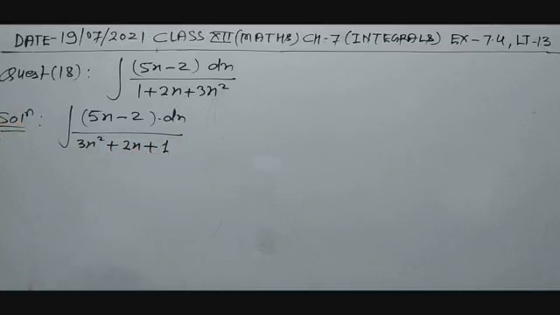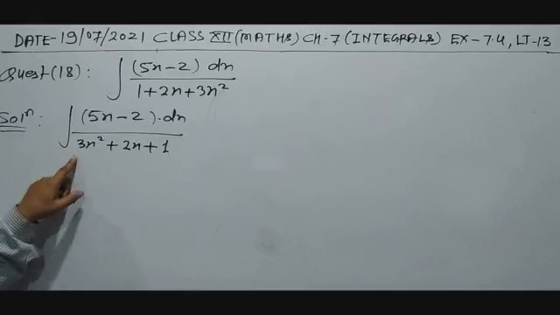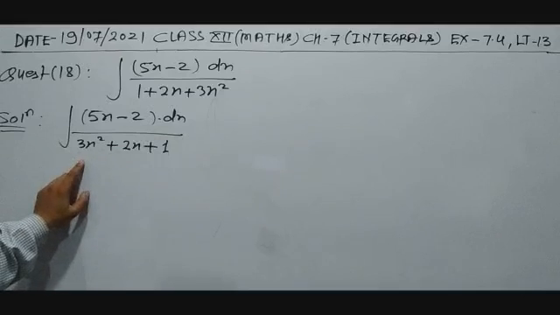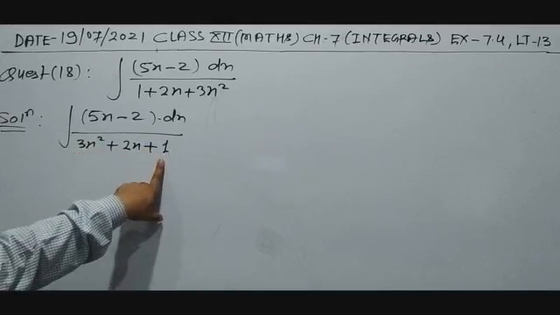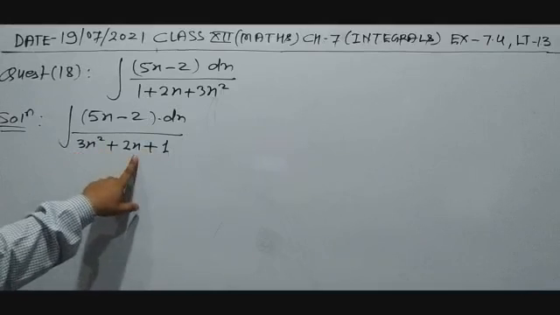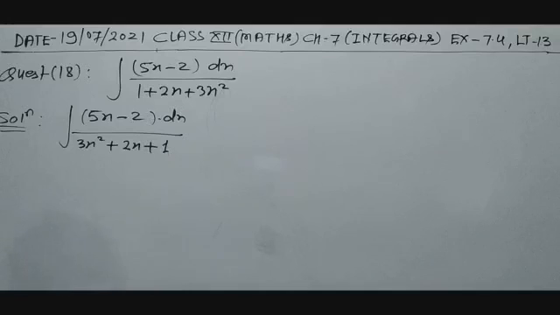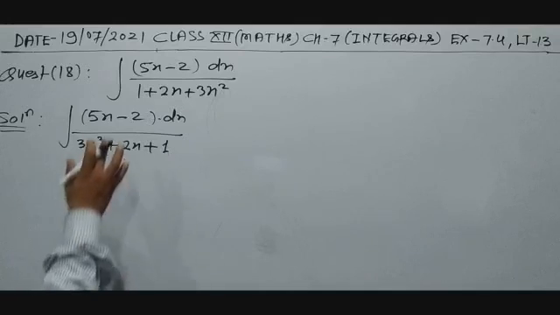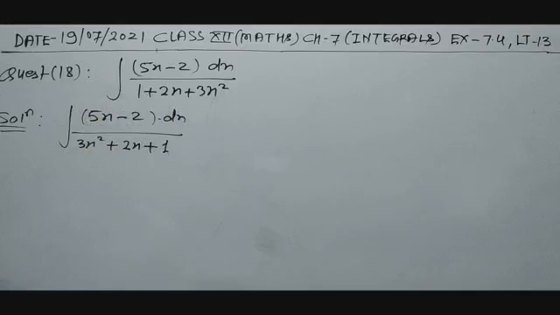Now you have to change the numerator in terms of the denominator's differentiation. The differentiation of 3x square plus 2x plus 1, as you know, is 6x plus 2. So now you have to convert the numerator in terms of this differentiation.